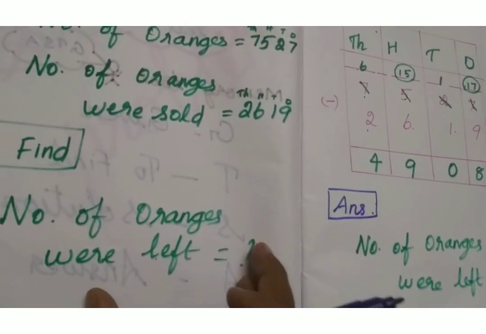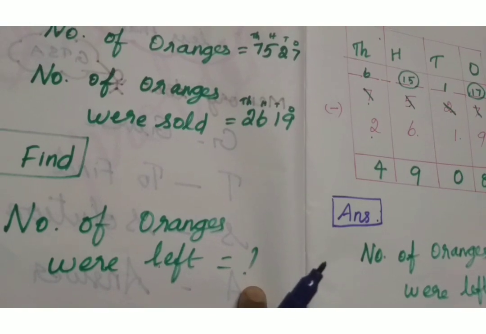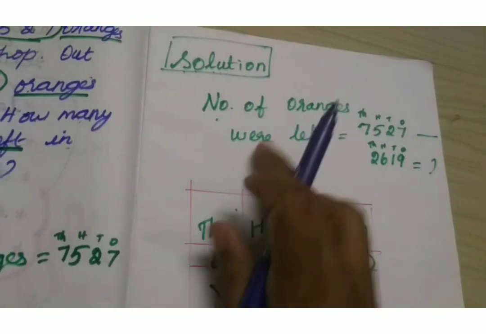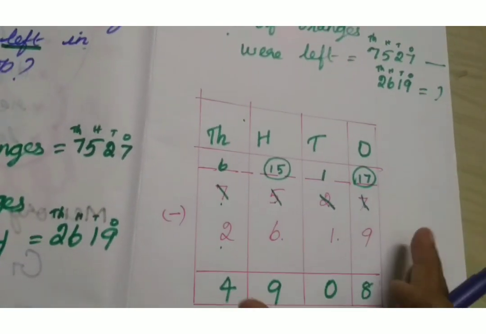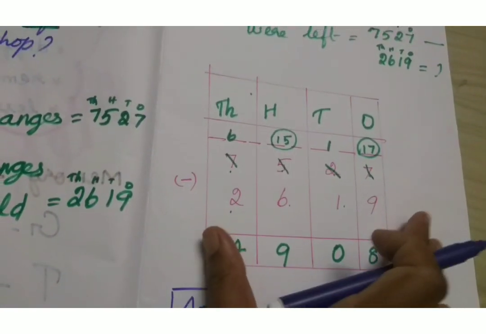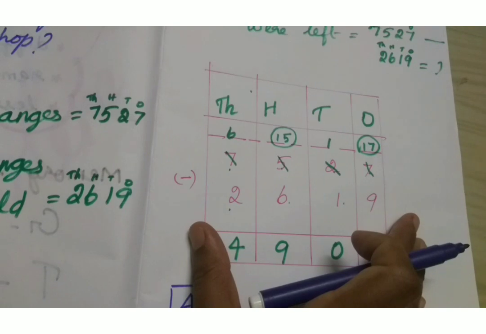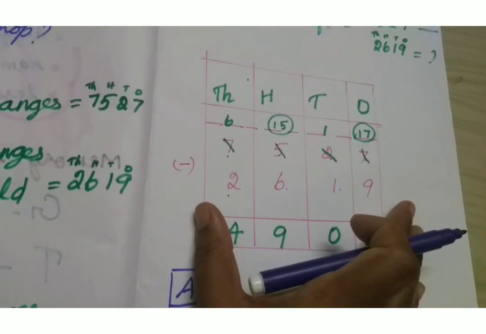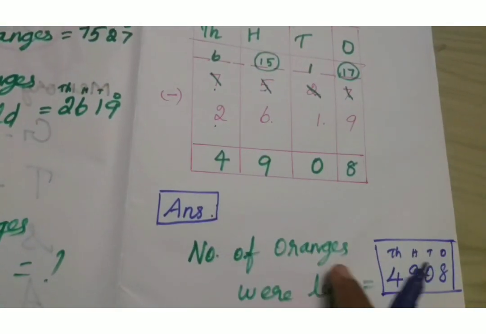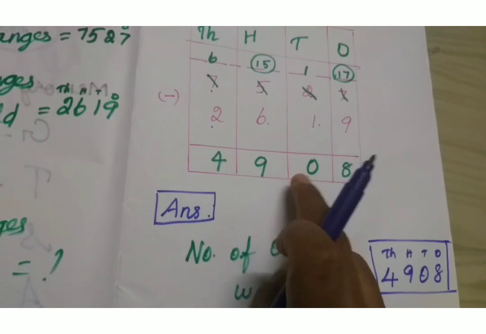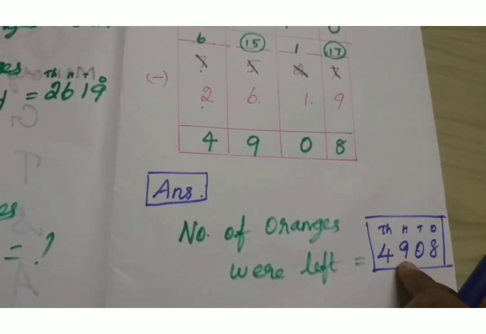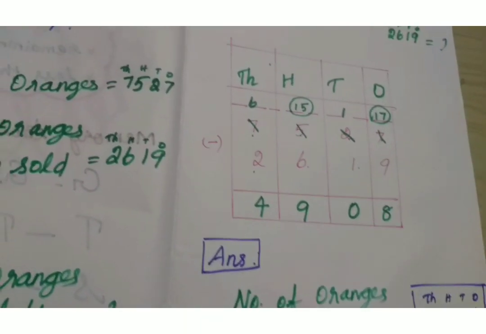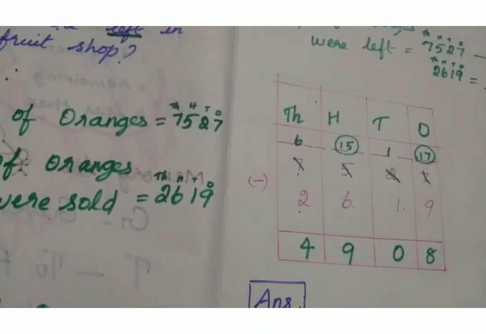In the to find part, you should write only the question mark. In the solution part, you have to write the minus and equal to question mark, and find the answer separately. Do the sum separately. At last, whatever answer you got, you should write in the answer part. Okay, this is statement sums, that is story problem, word problem.